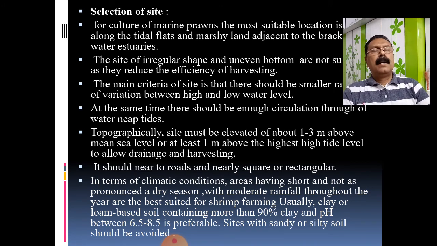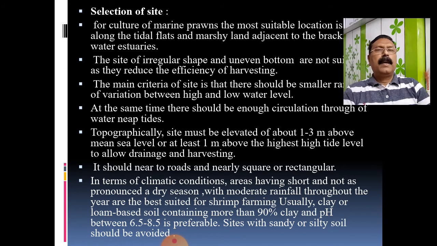Dear friends, the site proposed for prawn culture, a site of irregular shape and uneven bottom is not suitable for the culture. As we know, in the case of fish ponds, we are preparing the bottom of the pond and removing all the rocks, stones and plants. So we are making a very suitable and uniform bottom.